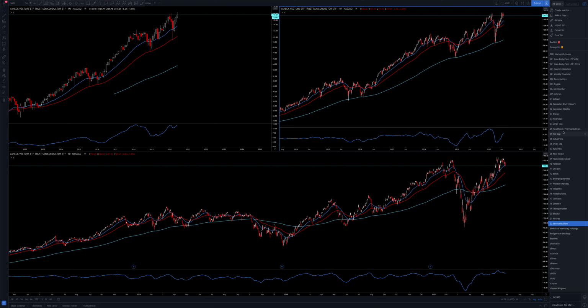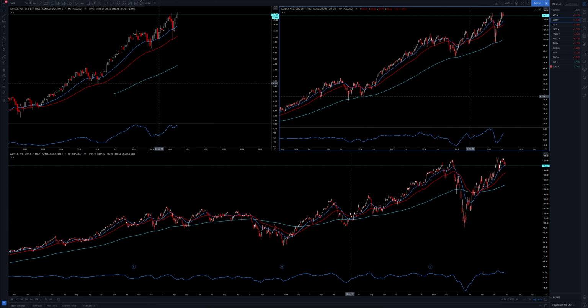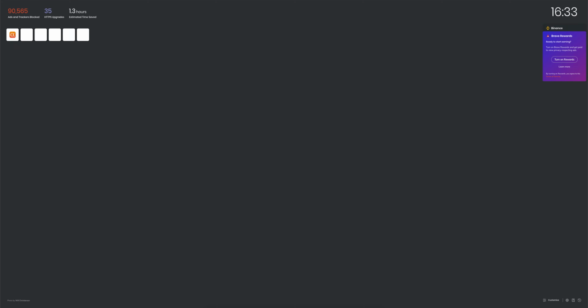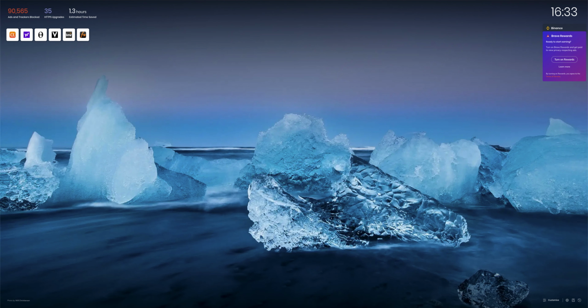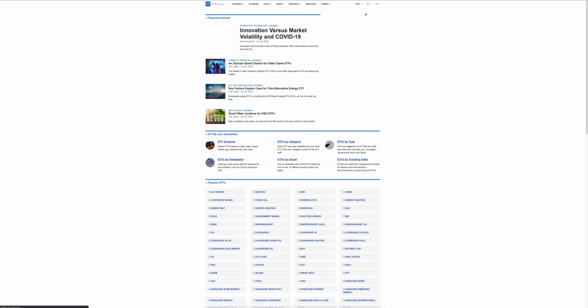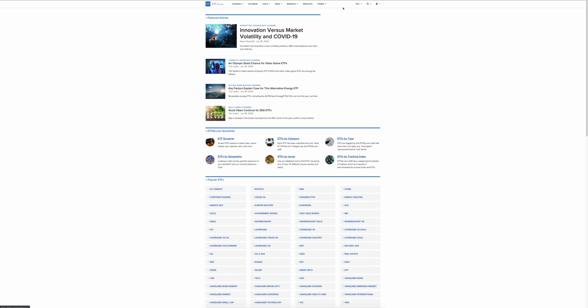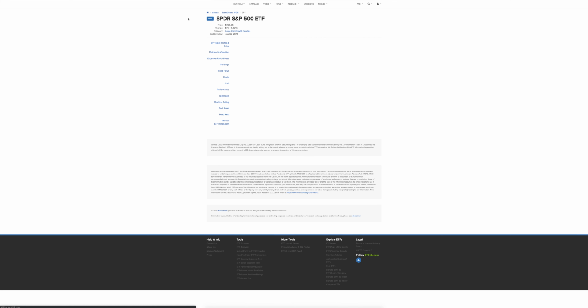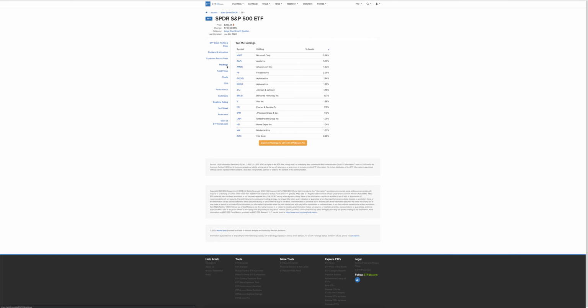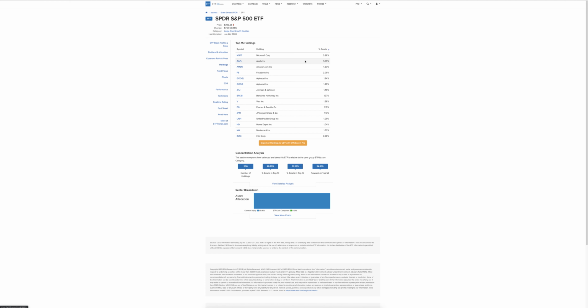And that's basically it. So the larger weighted and larger market cap companies, if you go to the ETF, let's have a look here, ETF DB, SPY, which is one of the largest ETFs. If we look at this, it will tell us what the holdings are.